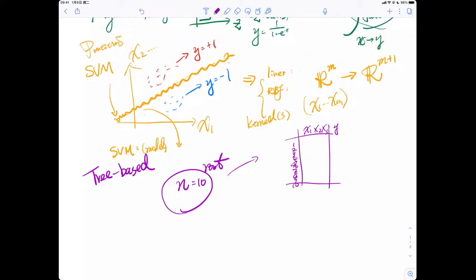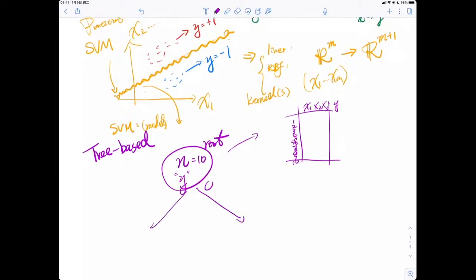However, we would like to do prediction, regression or classification of y, and at the root, maybe we can take a look at y, because y is more important. In this data set we have only 10 points, right? I would like to ask a question right here.